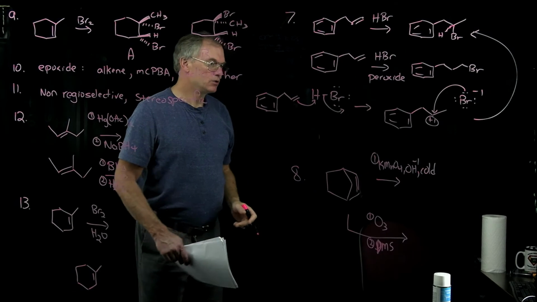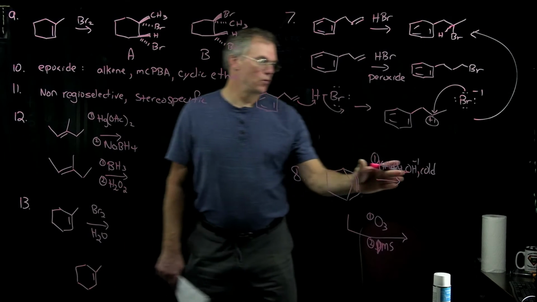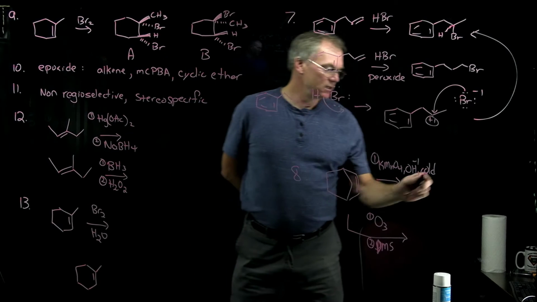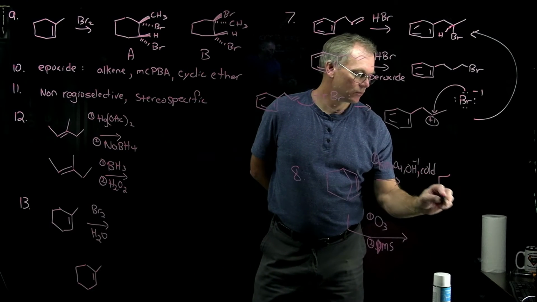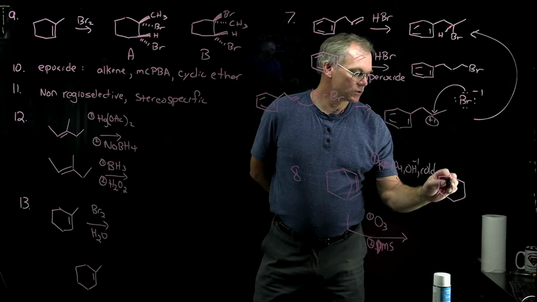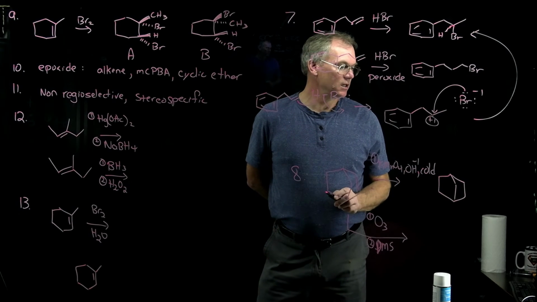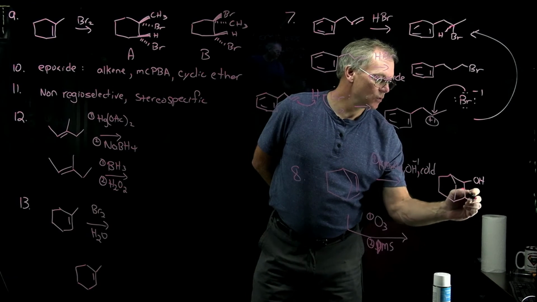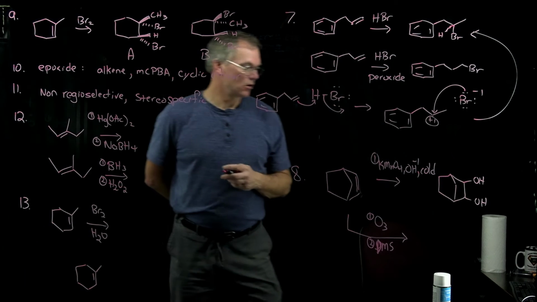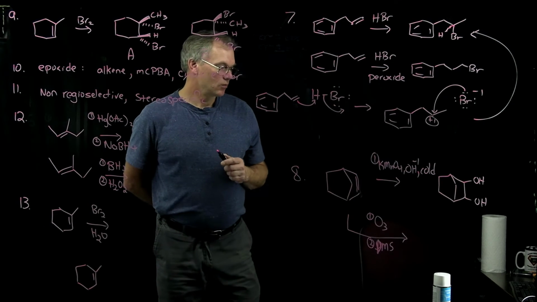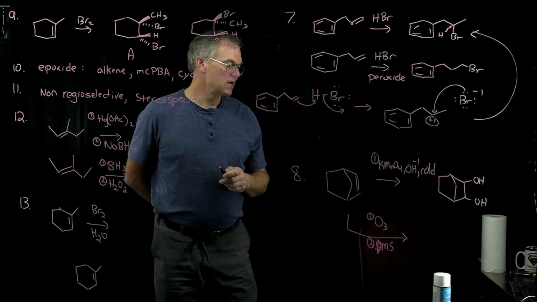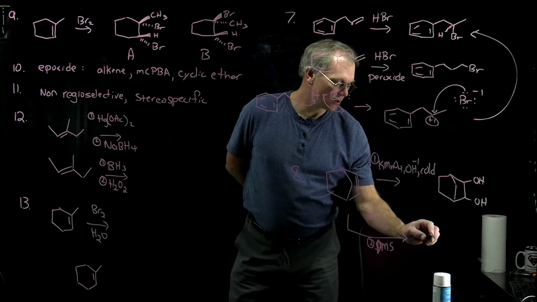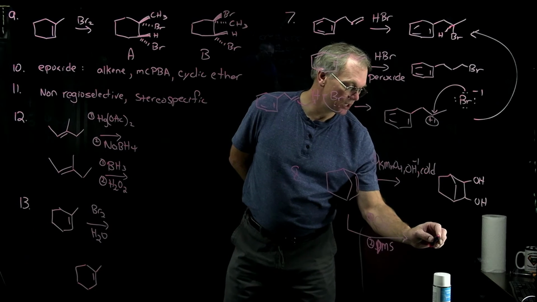At number 8, you're just being asked, do you know that KMnO4 in base, cold, converts an alkene to a diol? So you simply draw the carbon skeleton without the ene and add 2 OHs across the ene carbons. In the reaction of ozone followed by DMS, that's called a cleavage reaction, where the ene carbons both get fully oxygenated.